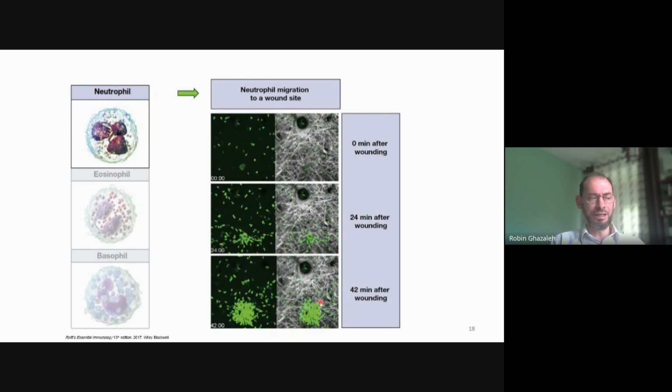فهذا إشي سريع، يعني the innate response and the cells which are involved in this innate response work together very quickly.